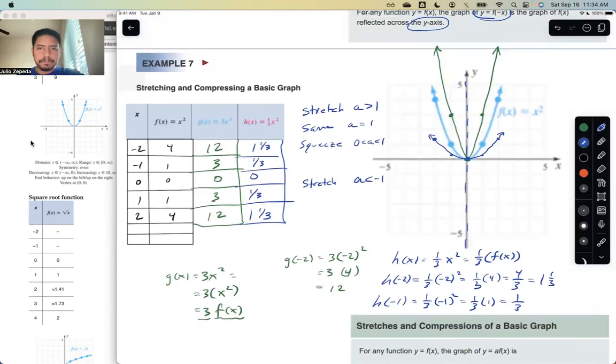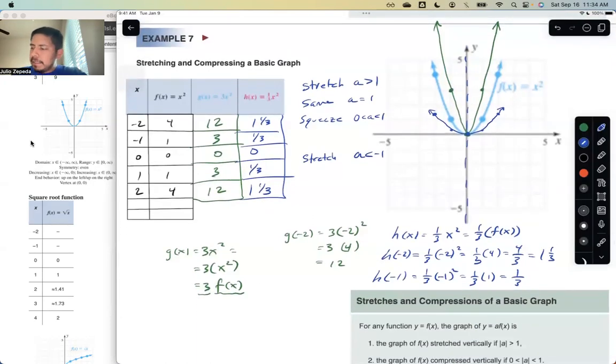It does both. If we use a -1, then that would just flip it. That's what we learned on the previous 2 slides. And then we could also squeeze the function and flip it if the a value was between -1 and 0. So a fraction or some sort of number between -1 and 0.